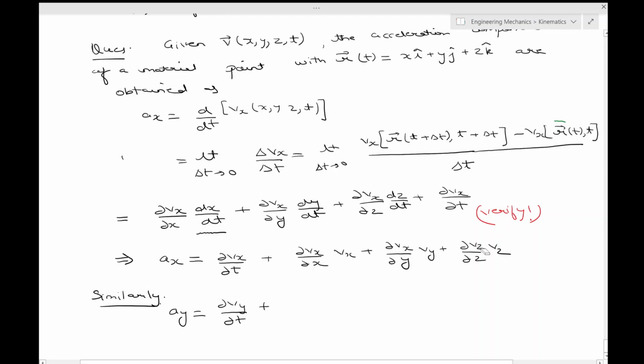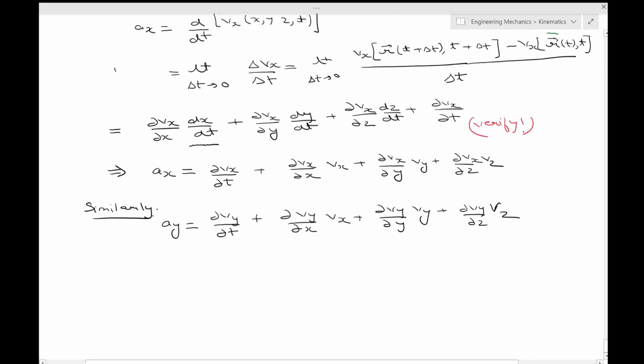There you go. So this would make it dou Vy by dou x into Vx plus dou Vy by dou y into Vy plus dou Vy by dou z into Vz.